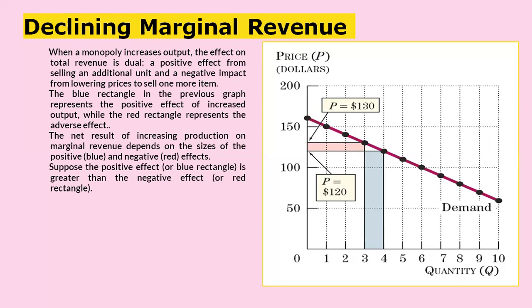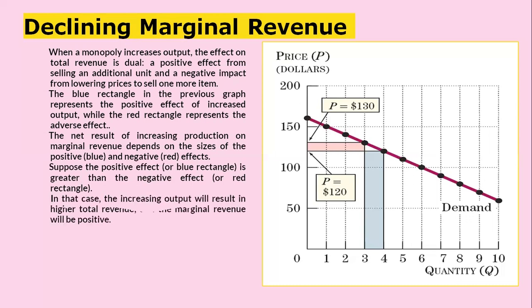Suppose the positive effect, or blue rectangle, is greater than the negative effect, or red rectangle. In that case, increasing output will result in higher total revenue and the marginal revenue will be positive.